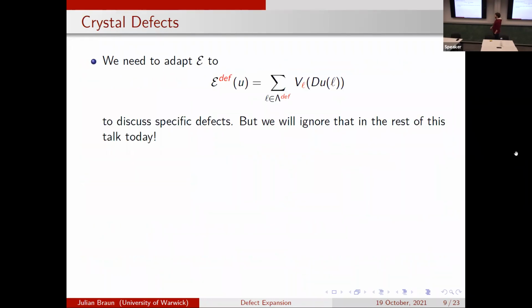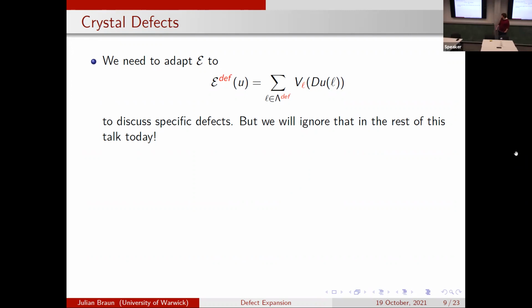So if you saw my energy earlier, that didn't really look like anything to do with defects. In reality, you have to adapt this a bit depending on what defect you're looking at. So if an atom is missing, then it shouldn't appear in your sum. And then of course, if it's missing, then the potentials of all the atoms around it should look a bit different, and so on. So you need to adapt stuff a bit, but I will not go further into that notation.